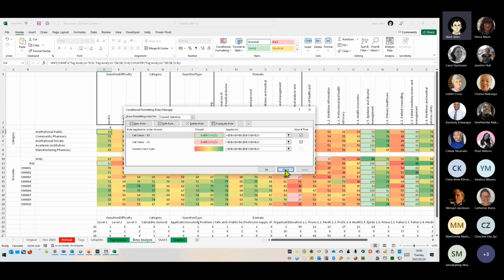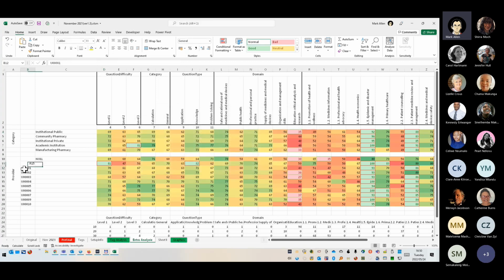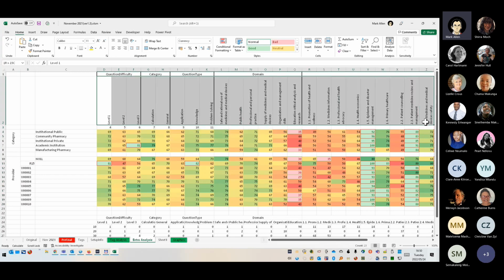And the whole idea is, because you're looking at different institutions, on the left hand side are the institutions from where the students came, and on the horizontal axis you're looking at the various competencies that are being covered. The idea of this is to try and identify, firstly, the weaknesses per institution, and also the overall weaknesses as a group.